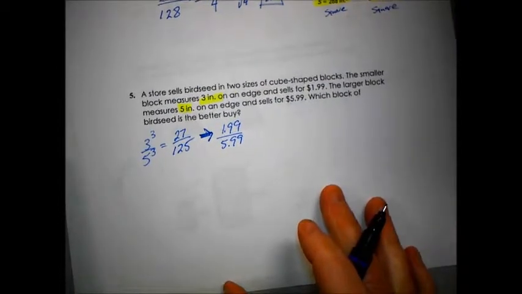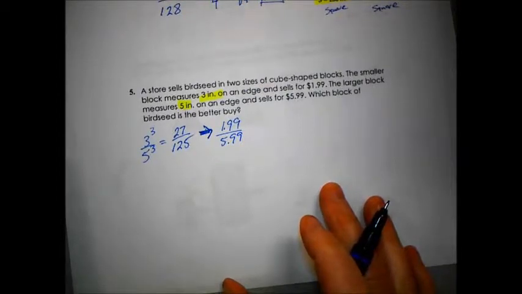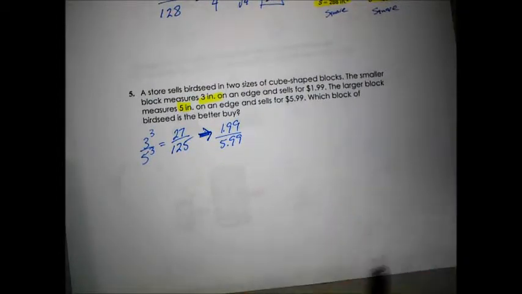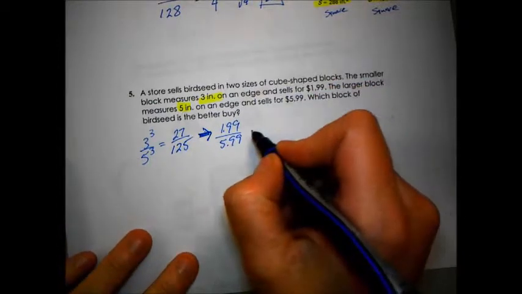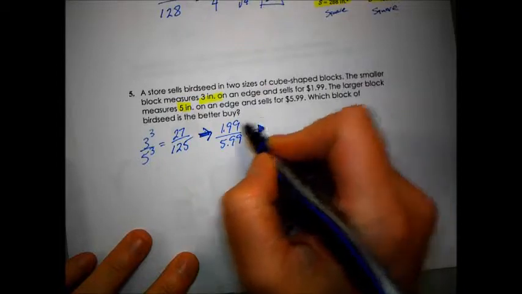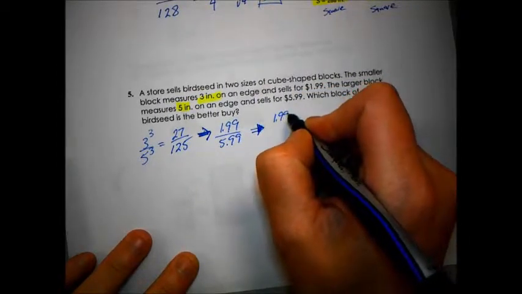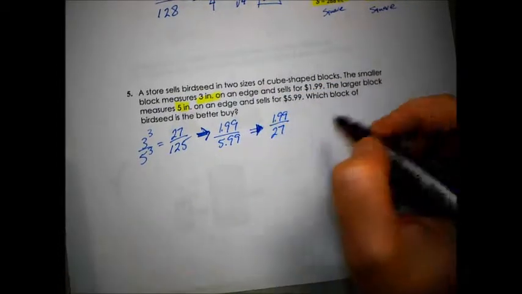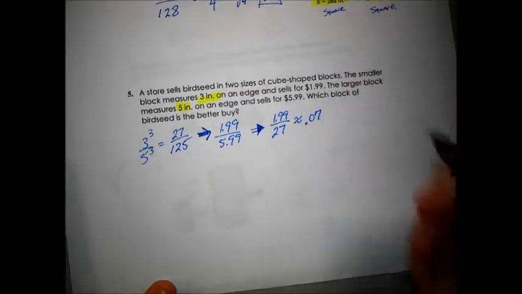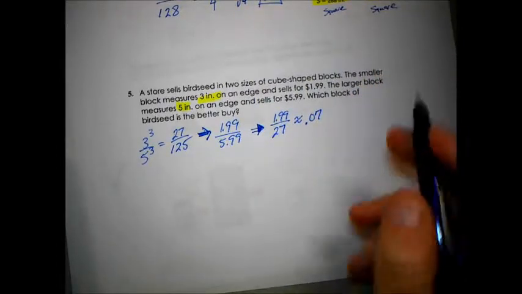And another way to compare things is actually to divide them and find out how much it is for just 1 cubic inch. So just to show you a different twist on how to compare prices, I'm going to take the $1.99 and divide it by its 27, which gives me approximately 0.03. I'm sorry, 0.07.